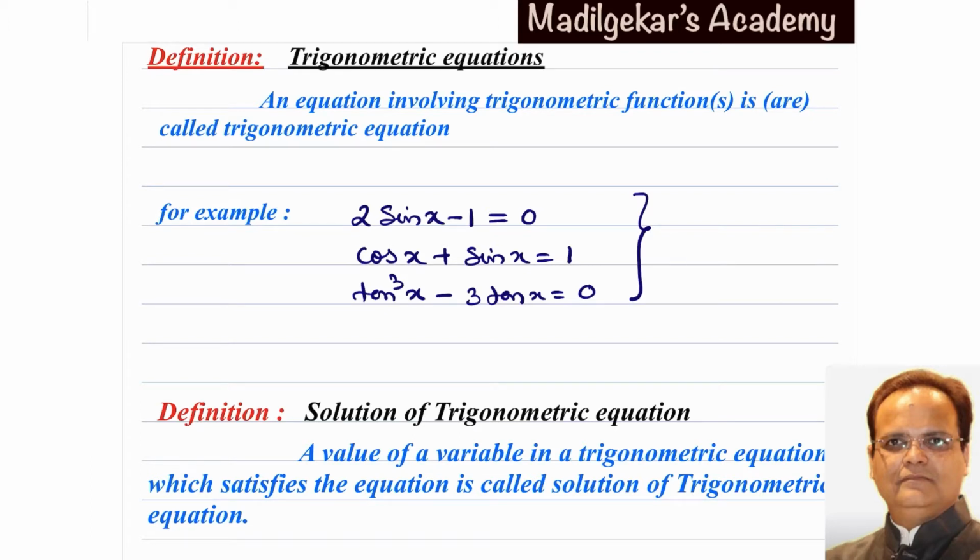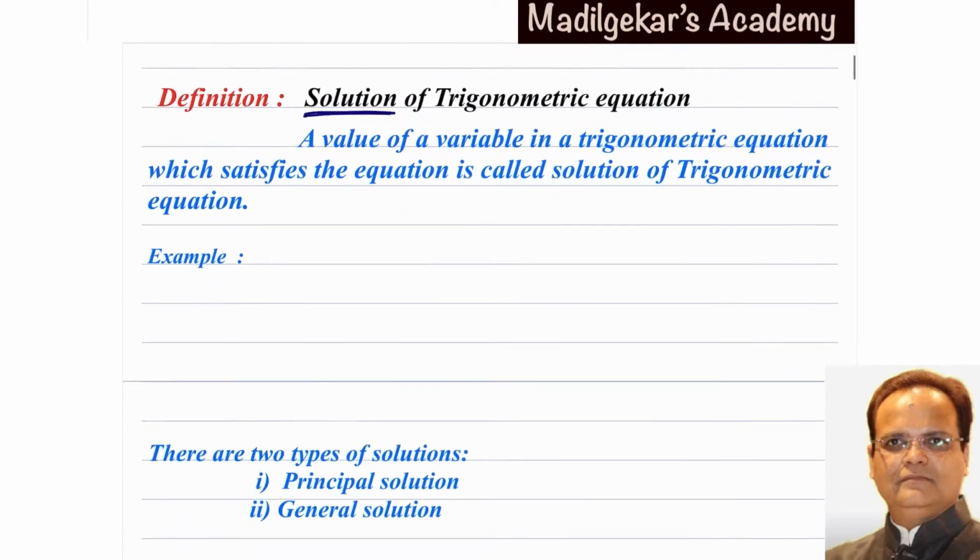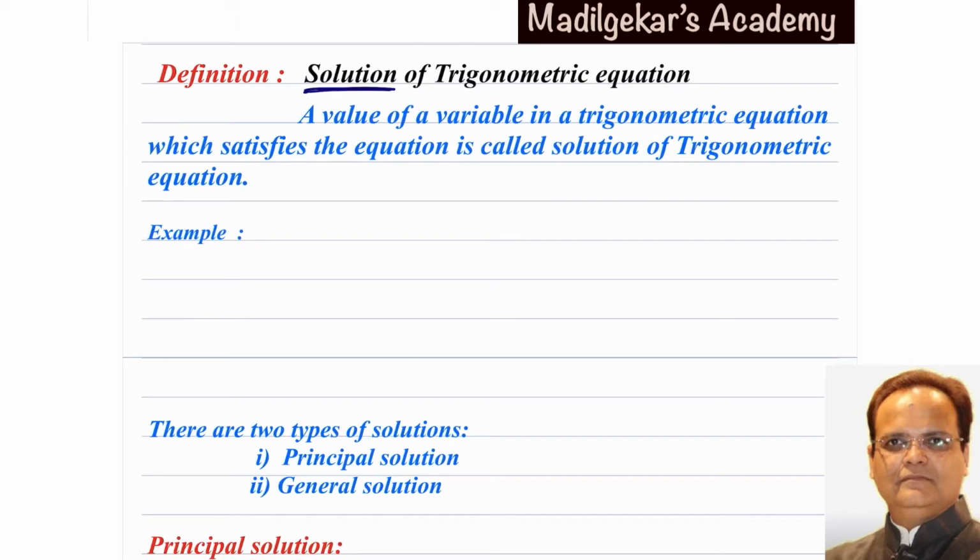The next word that immediately comes after equation is solution. Let us now define the solution of a trigonometric equation. A value of a variable in a trigonometric equation which satisfies the equation is called a solution of the trigonometric equation.